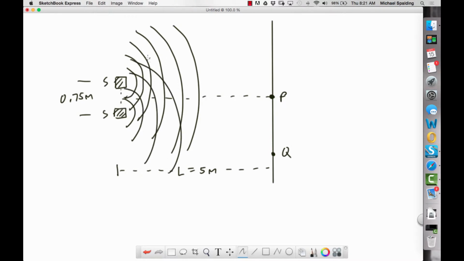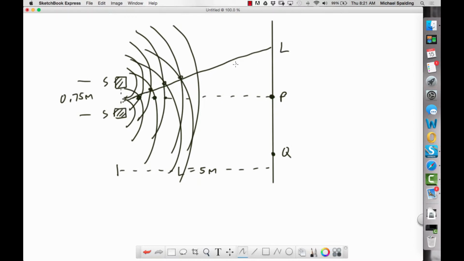And then what happens is the places where the waves are in phase should be constructive. It didn't really work out in my drawing. This should be constructive all the way across the middle. This is where you have constructive interference, and that's going to lead to what? Loud or quiet?